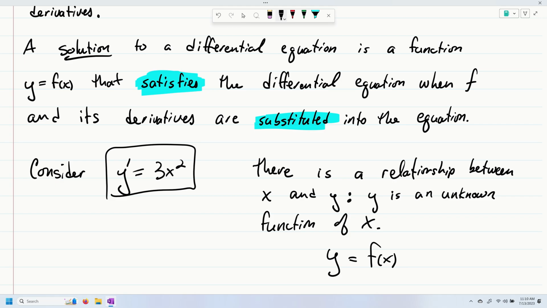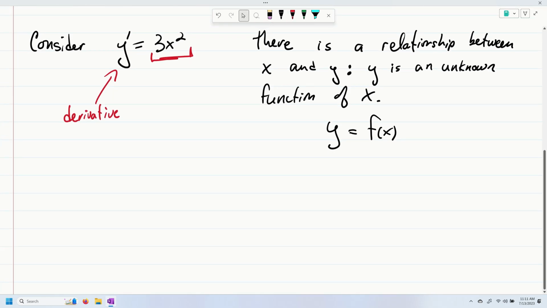That's what that means. Now, if we look on the left-hand side of the equation, notice here we have a derivative, and we know this derivative is equal to 3x to the second. So what function has a derivative that is equal to 3x to the second? That's really what we're asking.